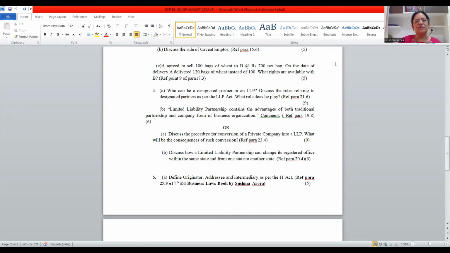The fourth question is, friends, from the LLP Act. Who can be a designated partner in the LLP? Discuss the rules relating to designated partner. As per the LLP Act, what role does he play? There are two types of partners in the LLP: one is normal partners and the second are designated partners. Designated partner's responsibilities are more.